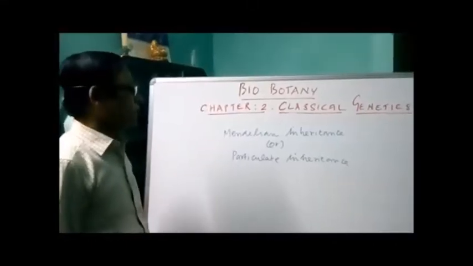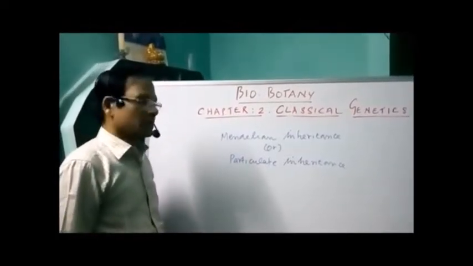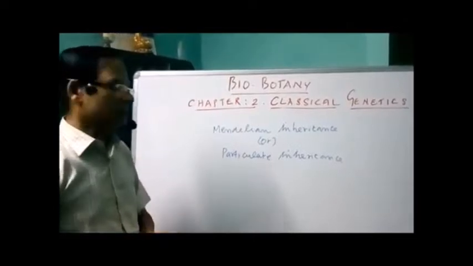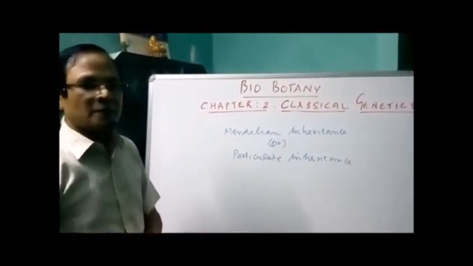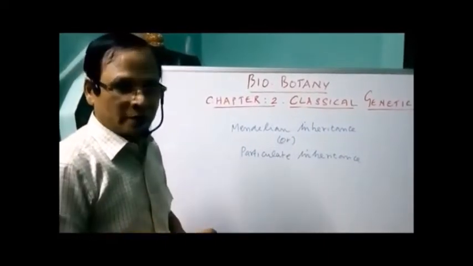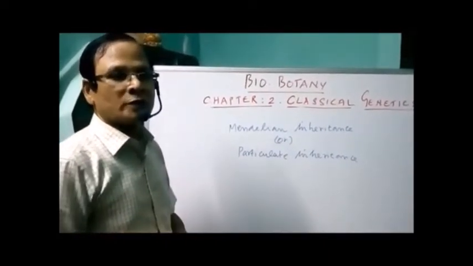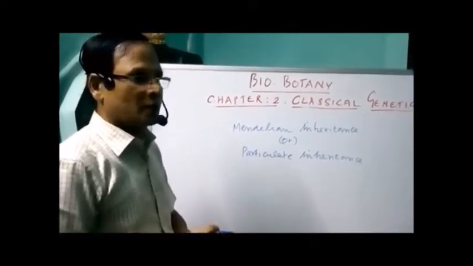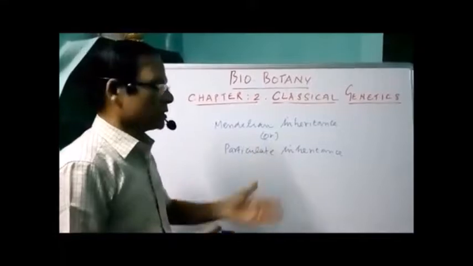Now the next one, Mendelian inheritance, or particulate inheritance. Why is it called particulate inheritance? Because this inheritance establishes the existence of particles, or hereditary units, or the factors now called genes. That's why it's also called particulate inheritance.